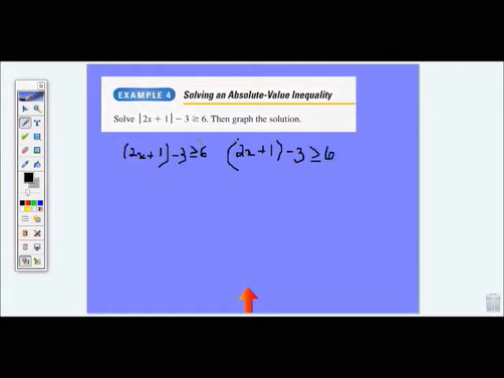So my first step was just getting rid of the absolute value signs. The next step is the same on both of these: get our like terms together.